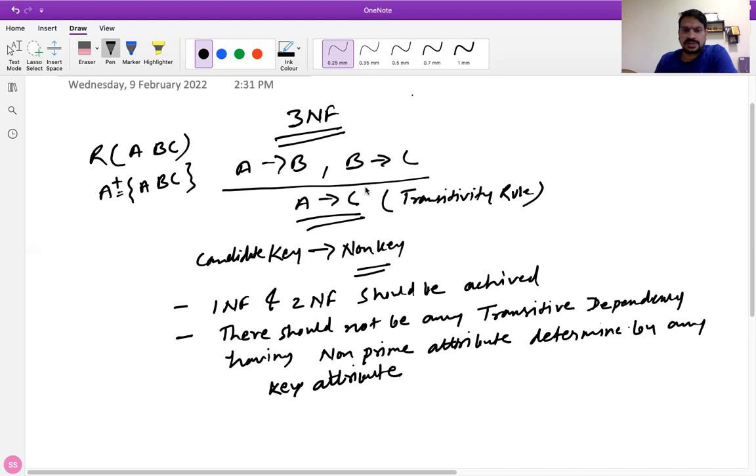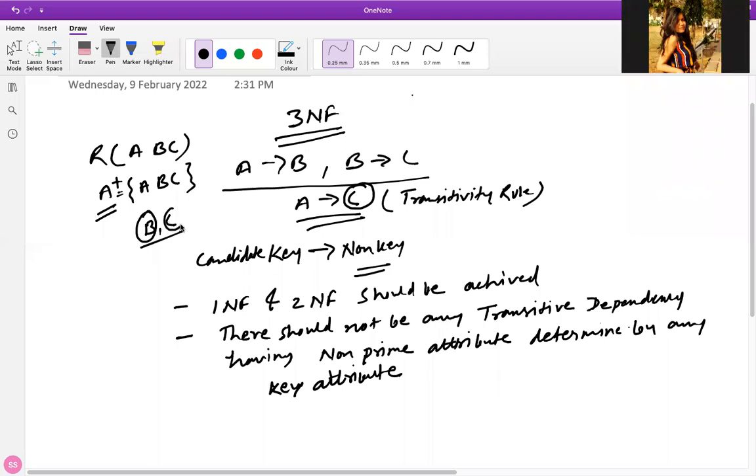Non-prime attribute, let's say C, is a non-prime attribute. Here the key is A, and the non-prime attributes are B and C. If B is determined by A or C is determined by A, in any of the cases we have to see whether they are coming from the transitivity rule.